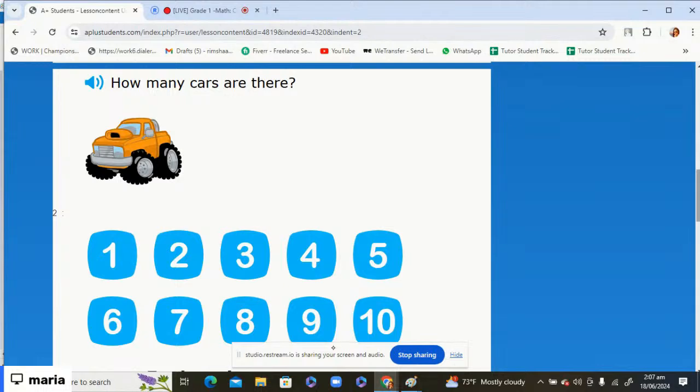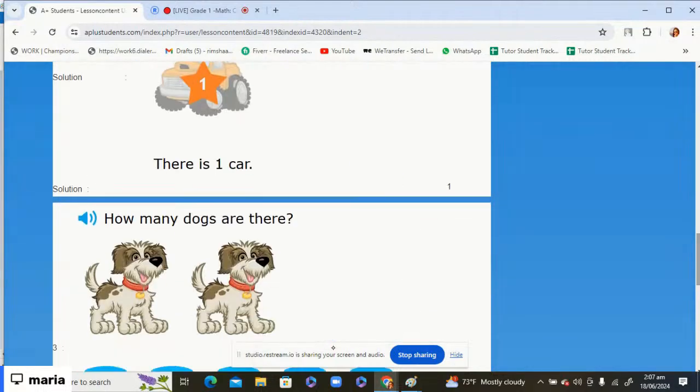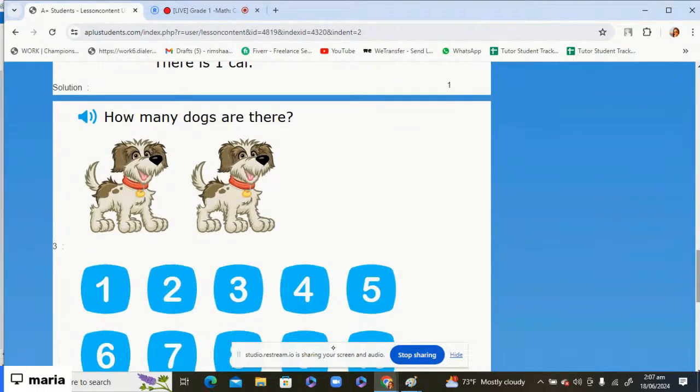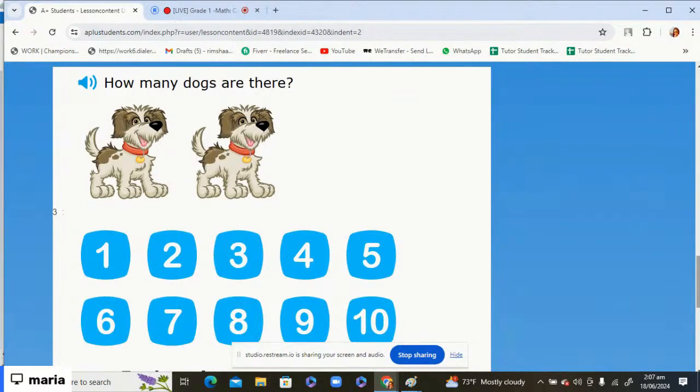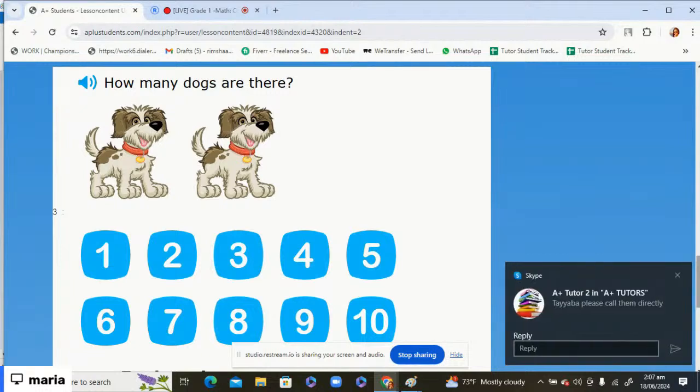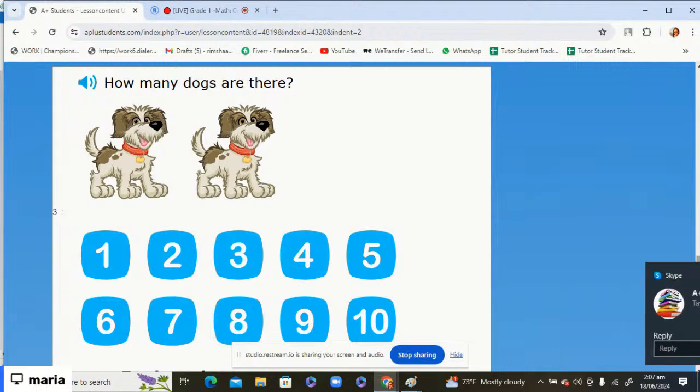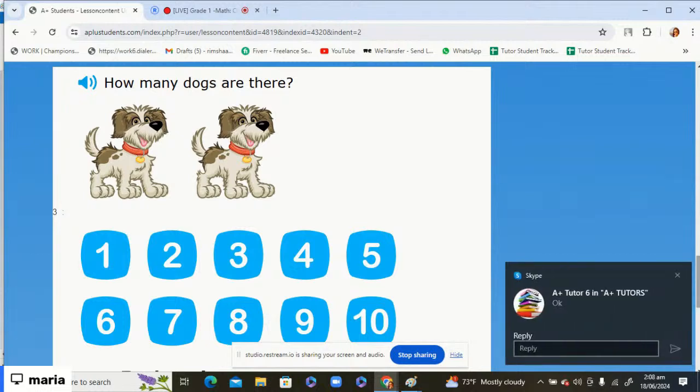All right, if I open this, how many dogs are there? Now you tell me. How many dogs are there? Yeah, that one is right, this is for the car. But let's move to the next one. That is a dog. How many dogs are there? So there are only two dogs. Good.